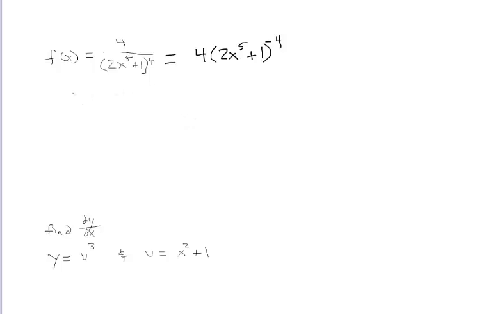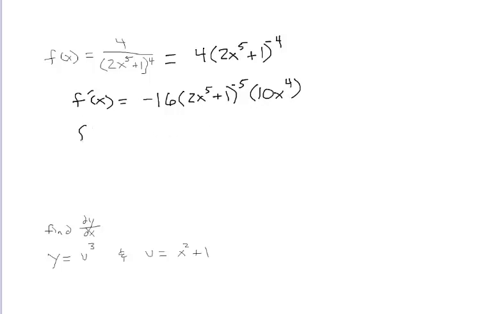And now we can take the derivative using the chain rule. So we have f prime of x is equal to negative 4 times 4 gives me negative 16. Rewrite the inside terms. Subtract 1 from the exponent, negative 5. And now times the derivative of the inside, which is 10x to the 4th.